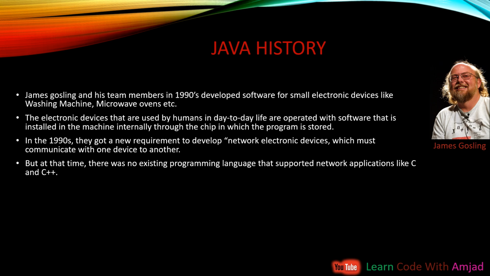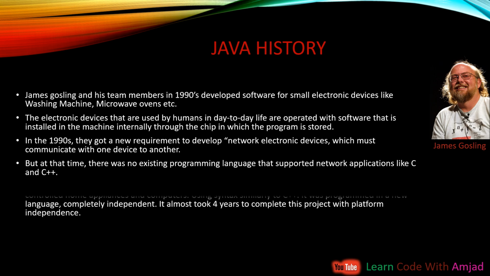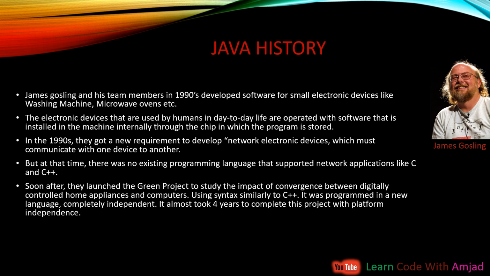Soon after, they launched the Green Project to study the impact of convergence between digitally controlled home appliances and computers, using syntax similar to C++. It was programmed in a new language, completely independent. It almost took 4 years to complete this project with platform independency.